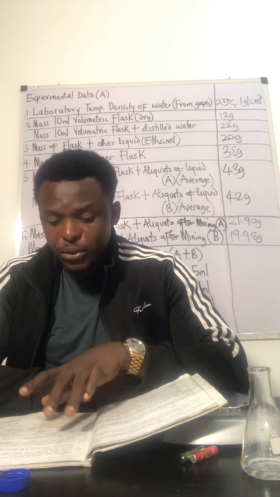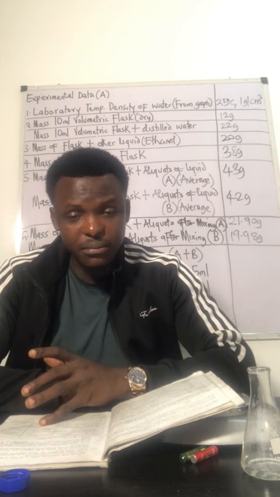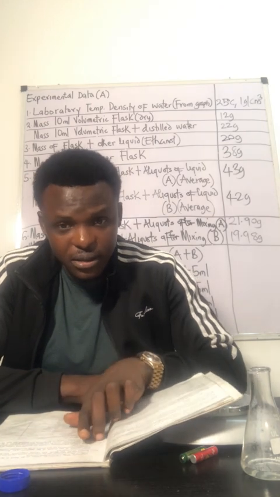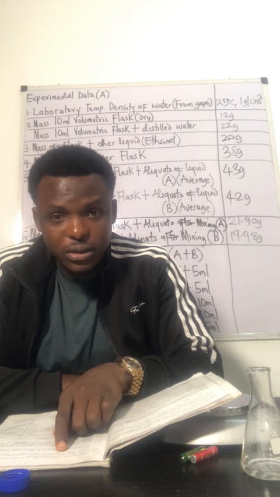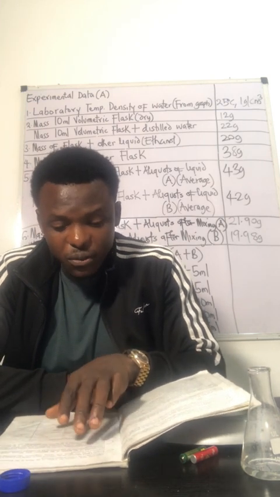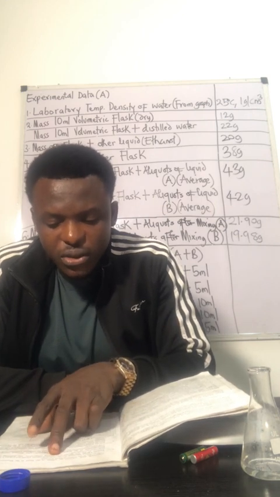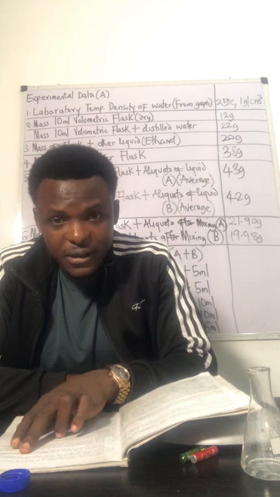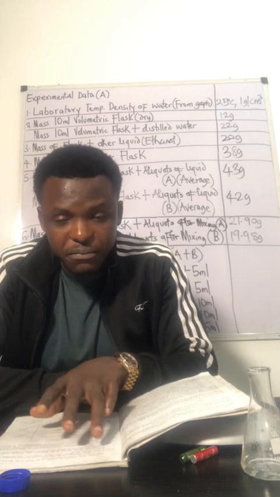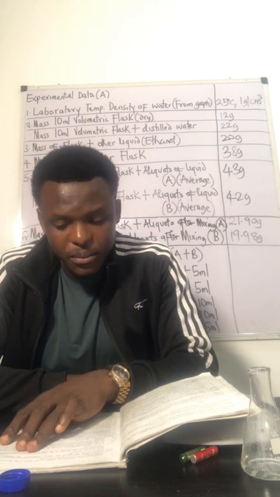Okay, but before we proceed to determination of the density of the mixtures, which mixtures are we talking about? If you refer back to procedure 6, it actually told us the mixtures and how we can get them. In procedure 6, which has the subheading prepare liquid mixtures, they said use the calibrated transfer pipette and prepare a series of mixtures of 2 liquids with varying composition.